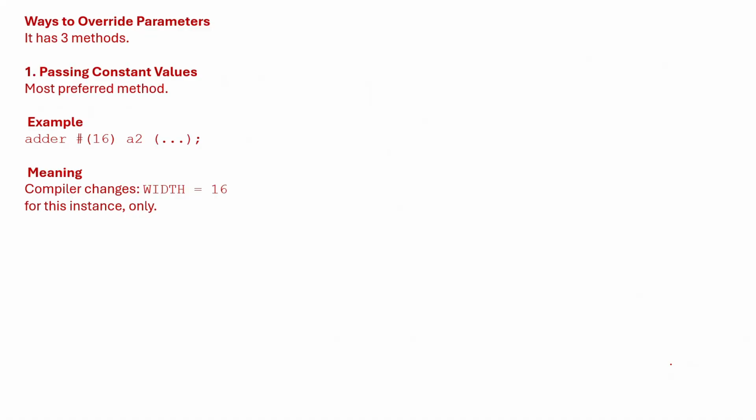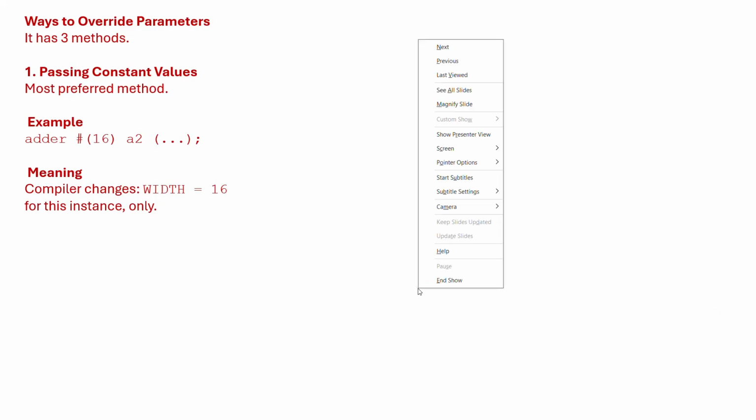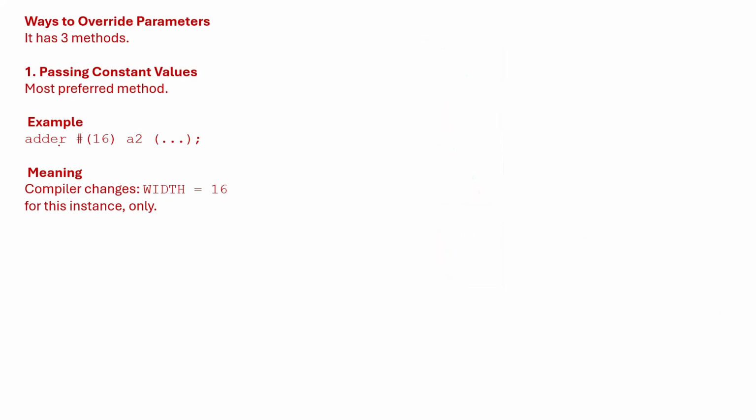Now how to override this parameter? There are three methods. The first is passing constant values. See this adder, this is my adder example. In this, the width is 16 I am taking, then for the variables you want to change, you need to mention the variable names.